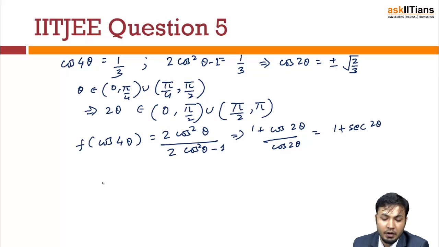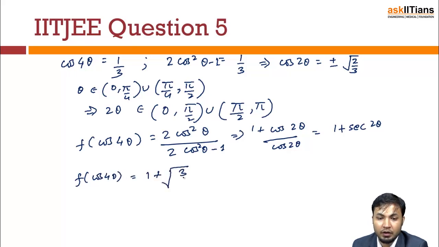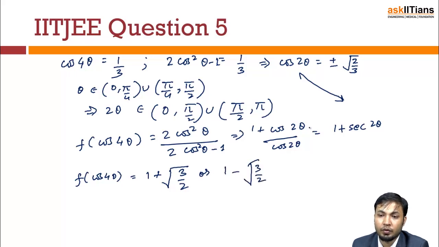Alright, so I can get that f(cos 4θ) is nothing but 1 plus root under 3/2, inverse this over here, right, or 1 minus root under 3/2 for the plus minus. So this will be the answer for this question.